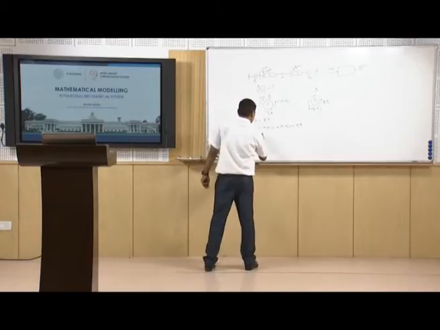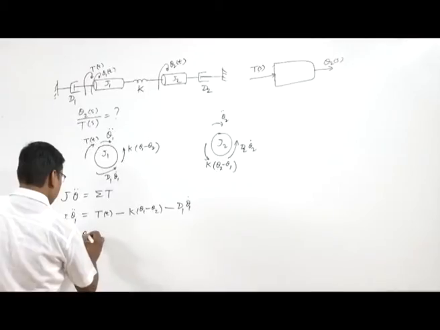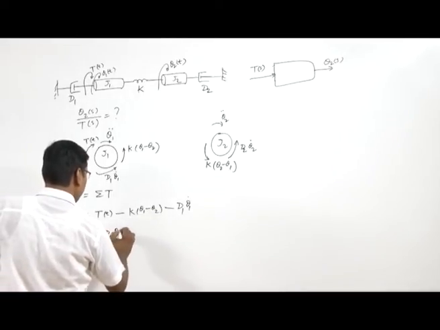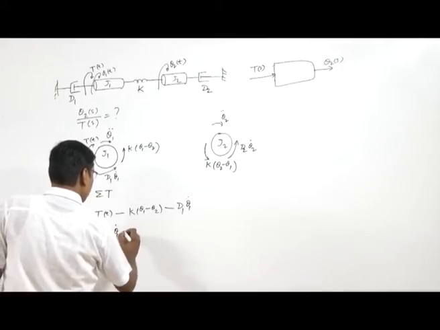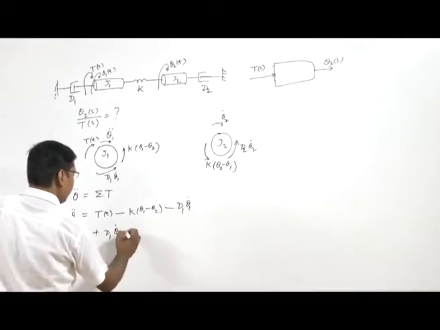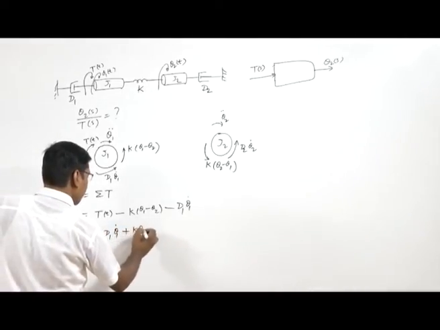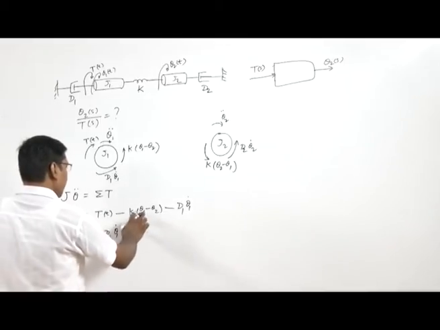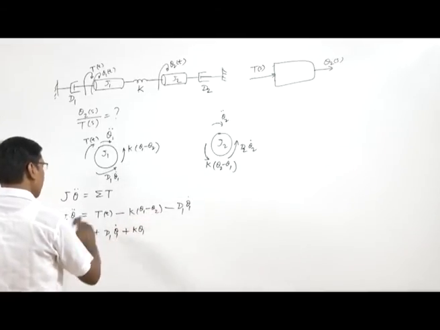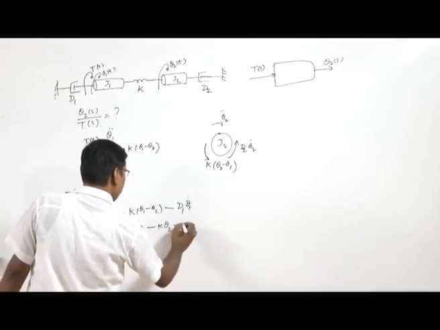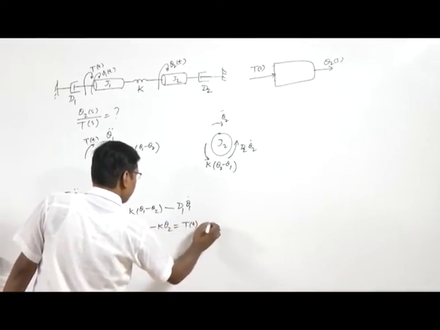So, we can write J1 theta 1 double dot plus d1 theta 1 dot, and here minus k theta 1 will go to the other side, that will be plus k theta 1, and here minus minus plus, going to the other side, minus k theta 2 equal to T. This is equation number 1.